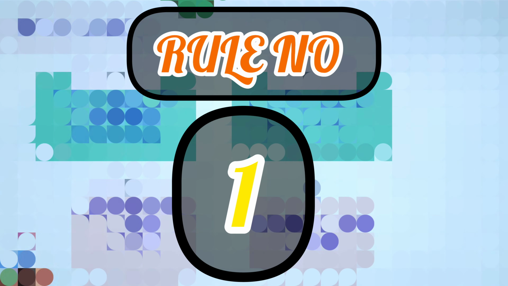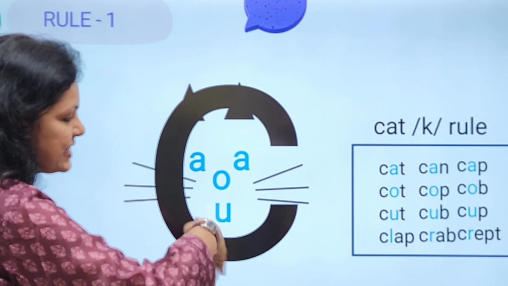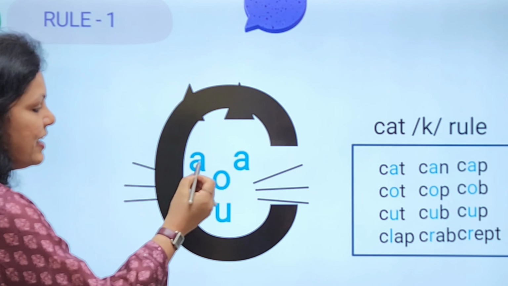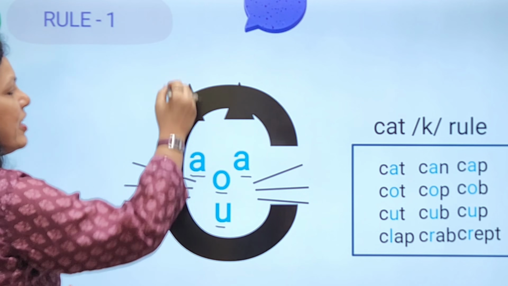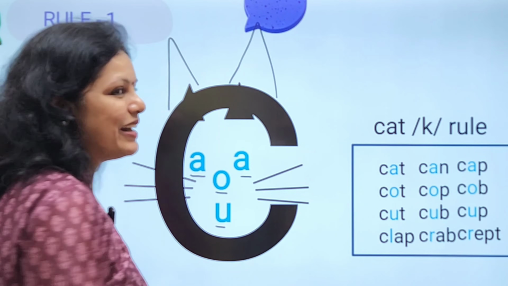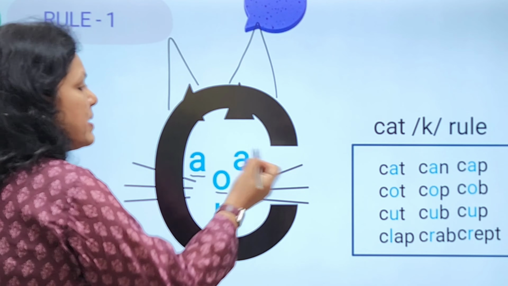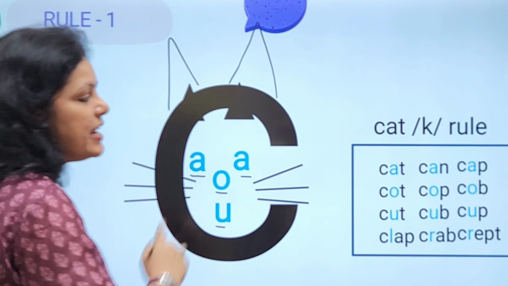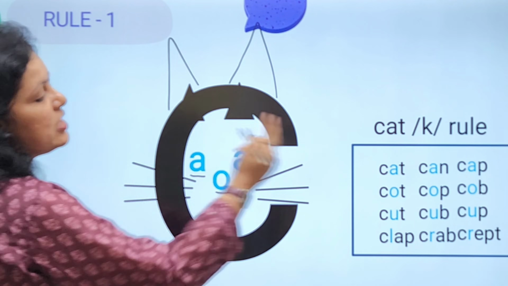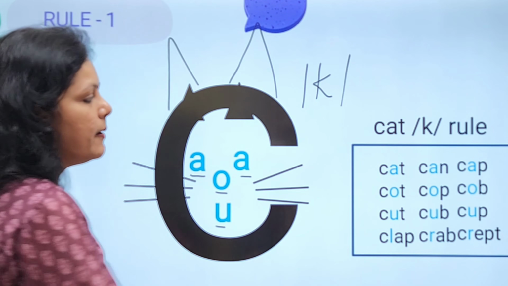So my rule number 1 says that whenever the letter C is followed by the letter A, O or U, then you need to remember cat. Cat, k sound. That means if the letter C is followed by A, O, U or any consonant, then it will give you the sound of K. So let us see a few words here.